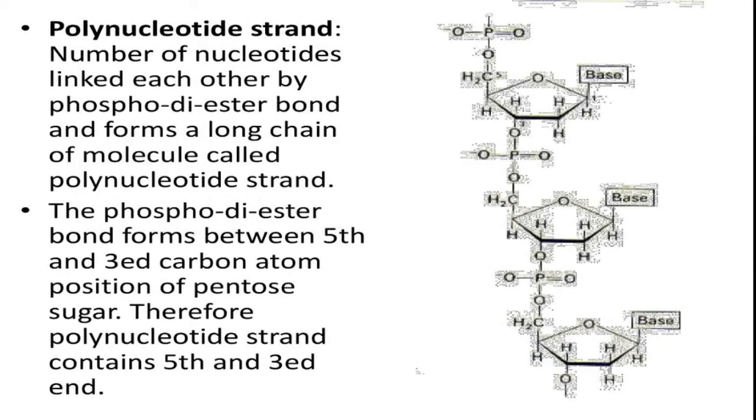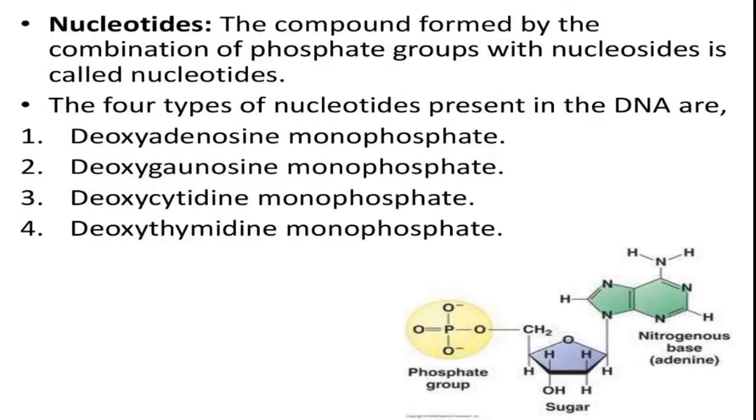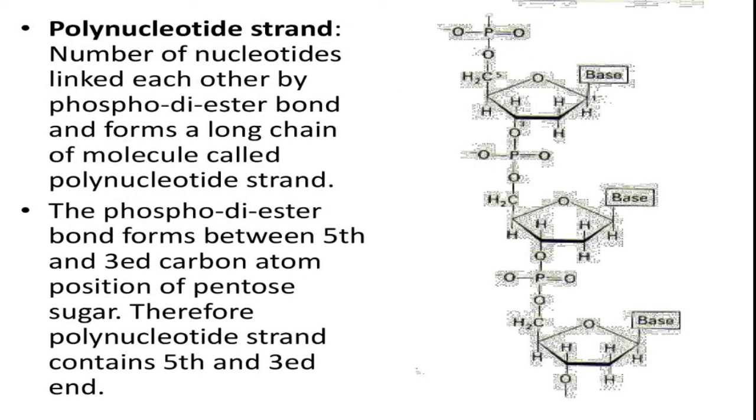The next one is the polynucleotide strand. A base, a sugar, and a nitrogenous base combine together and form nucleotides, and these combine, resulting in the formation of a polynucleotide. It may be of DNA or RNA.